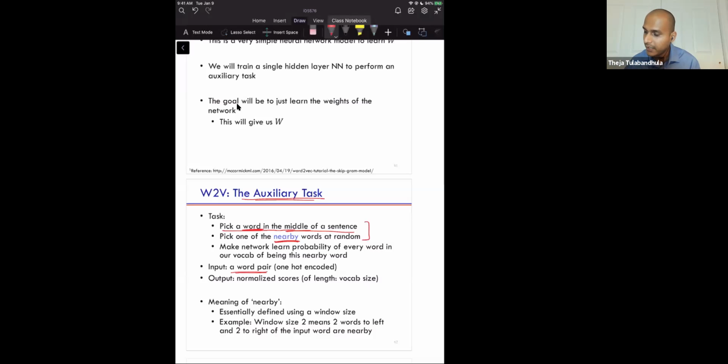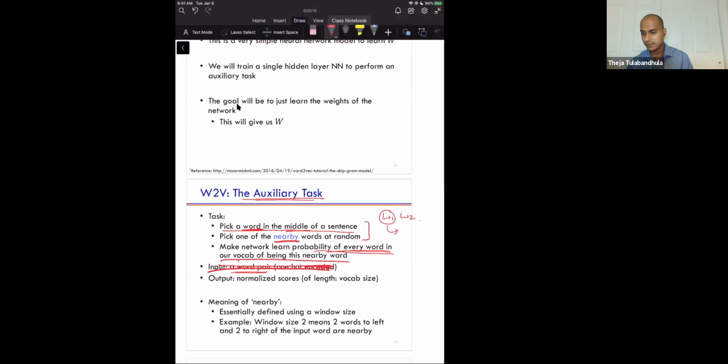The output is going to be the probability, sorry, the probability of any word in our vocabulary being this nearby word. Okay, so we have a word W1, and there's another word W2, which is a nearby word. I want to take W1 as an input. Sorry, I said the input is a word pair, this is not correct.